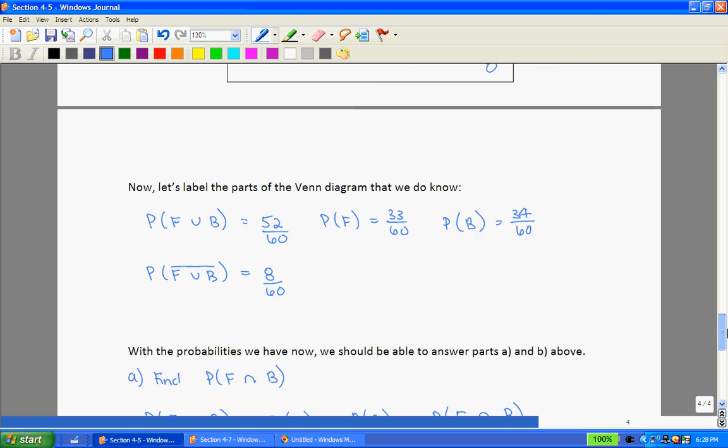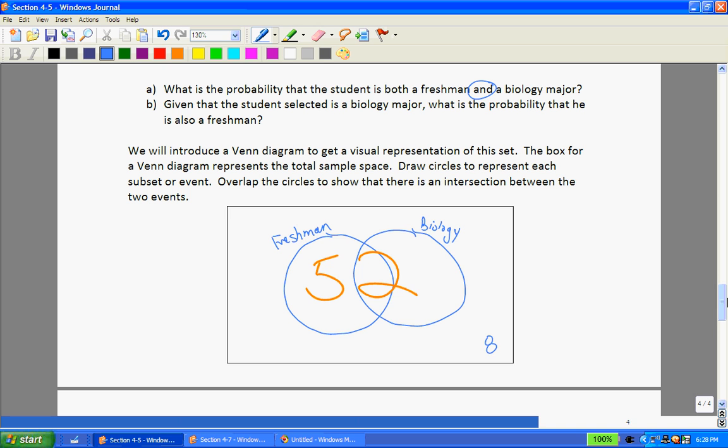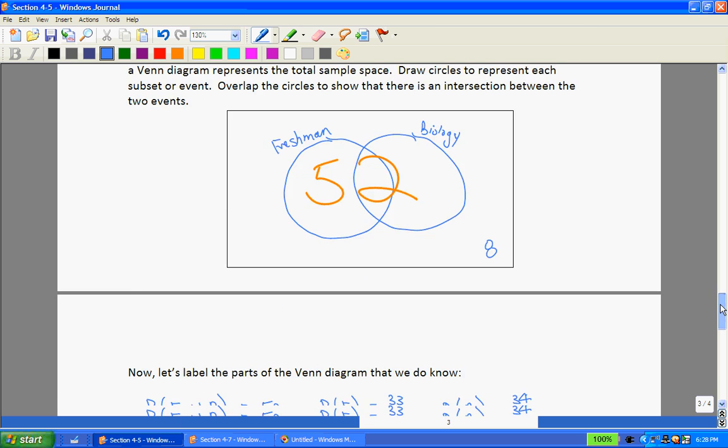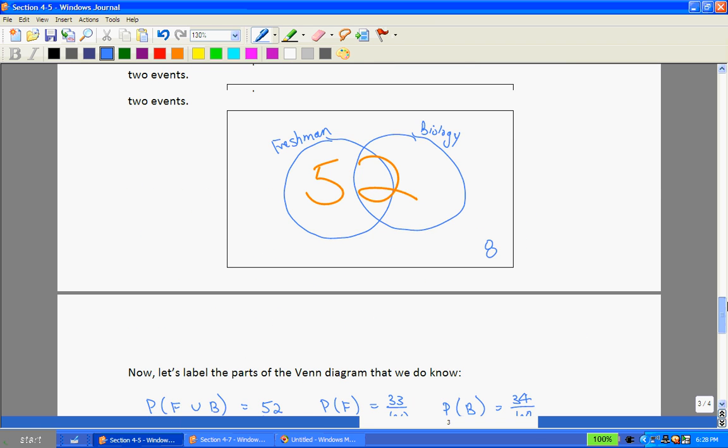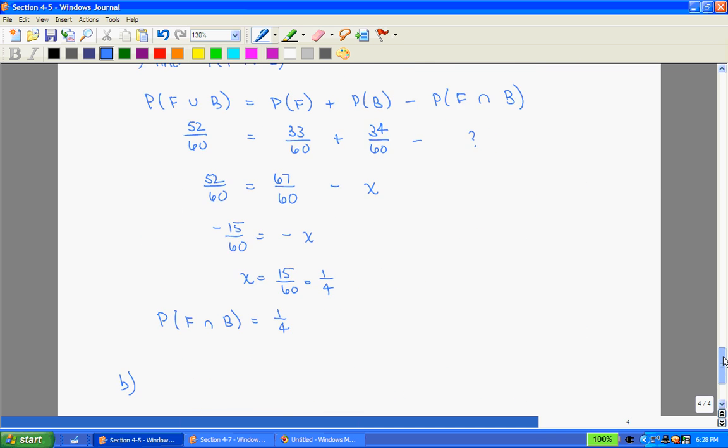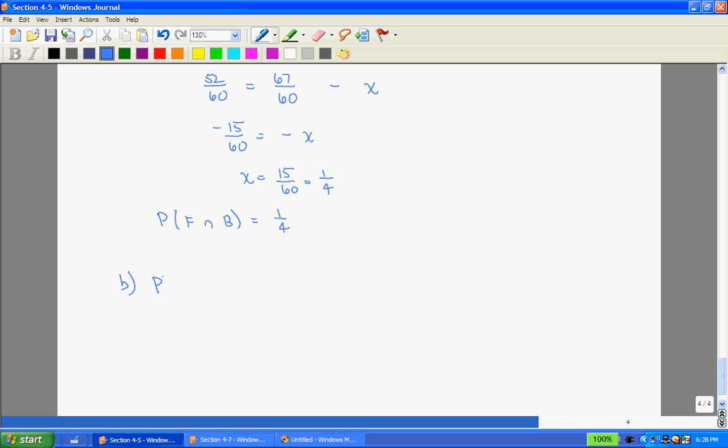Part B is asking us, given that the student selected is a biology major, and that word "given" should be a big giveaway, what is the probability that he is also a freshman? So remember, this is important how we set up our notation. Given that the student is a biology major, that's the part we know. So when I set up my conditional notation, the B has to go second.